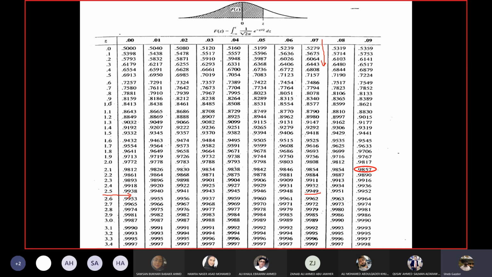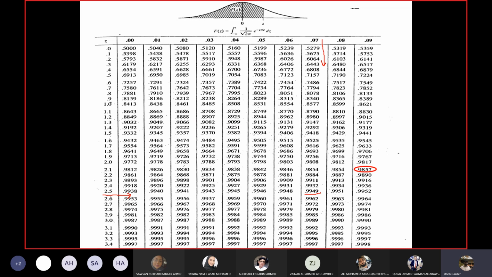First of all, there's a full z table as well. This one is a half z table, which is given in the traffic book. This table is only from 0 onwards. Full z table has negative numbers as well, so it goes above 0 as well as below 0.